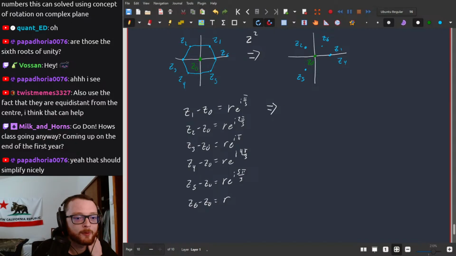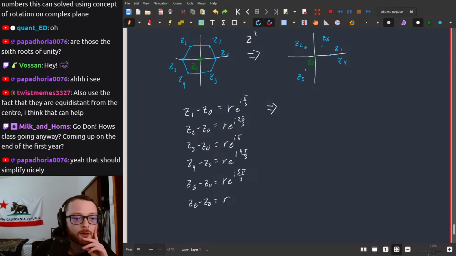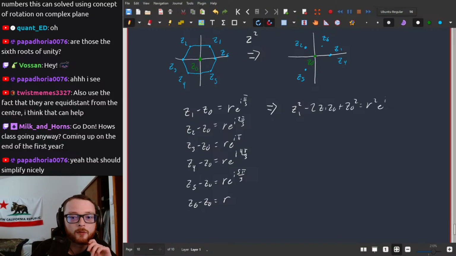Okay, so what I'm going to do is take each of these equations and square each side. The first equation squared becomes z1 squared minus 2 z1 z0 plus z0 squared is equal to r squared e to the i 2 pi over 3.